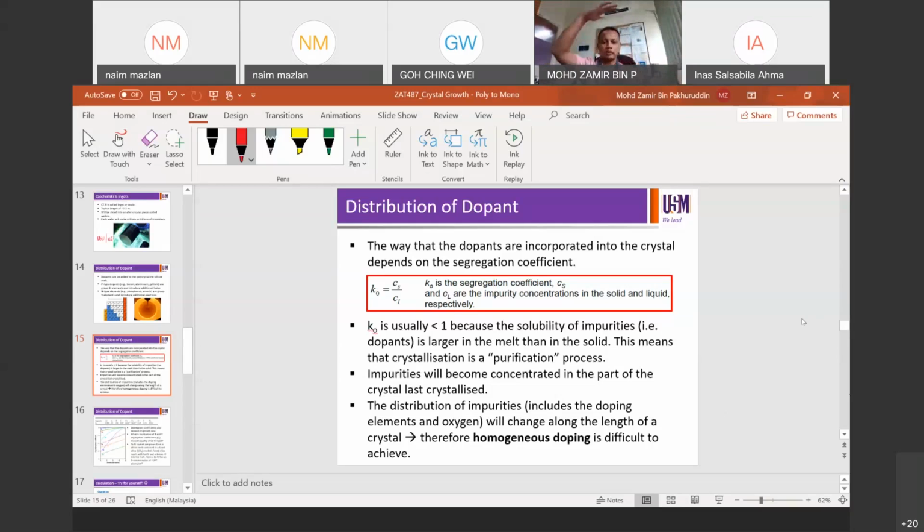Kalau you grow 2 meters of ingot and the top parts have, I don't know, maybe 10 to the 18 of dopants, and the lower part has 10 to the 19. Is it okay to grow like that? You grow 2 meter, 1.5 meter is 10 to the 18, and then another 0.5 is 10 to the 19. Is it okay or not?